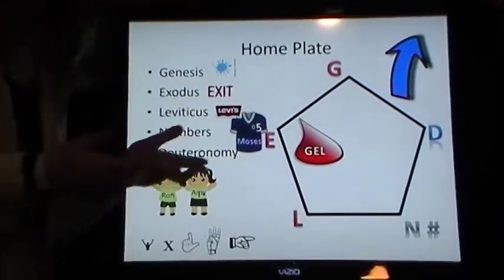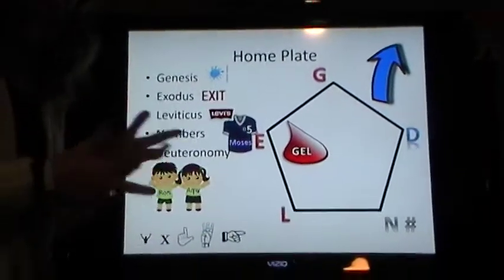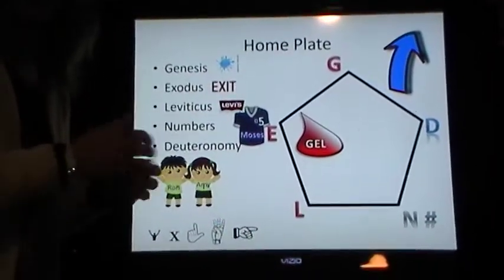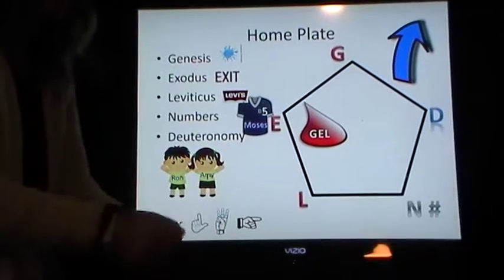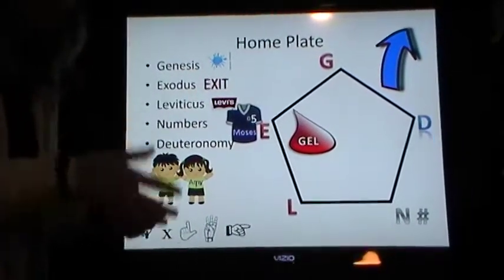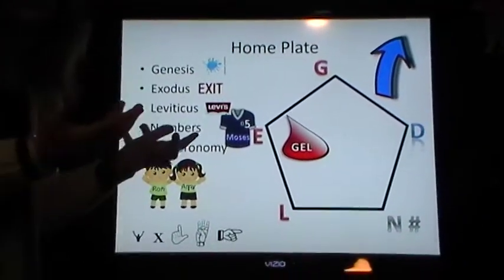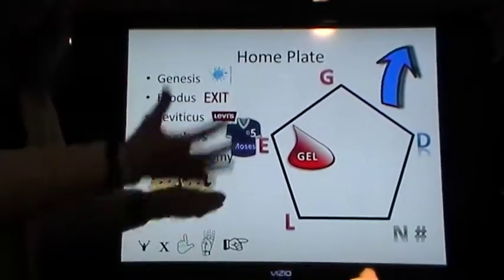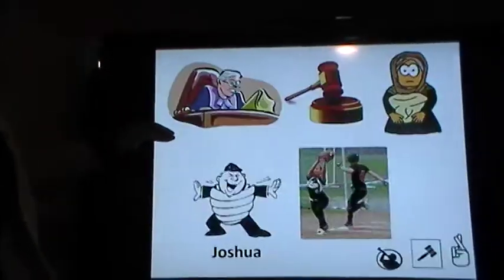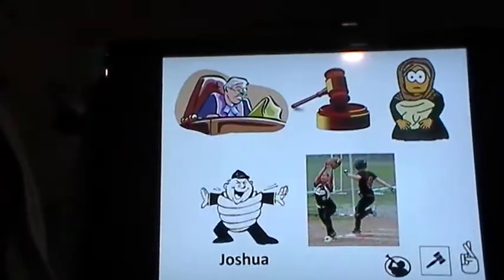Sometimes players come up to the plate and they do certain little superstitious things, going through motions like hitting the plate or putting their helmet down farther or doing some sort of little ritual. So this guy does the gel on his number. After he's done with that, he's due to run. Okay? Due to run, ready to run. That's Deuteronomy. So Genesis, Exodus, Leviticus, Numbers, and Deuteronomy.